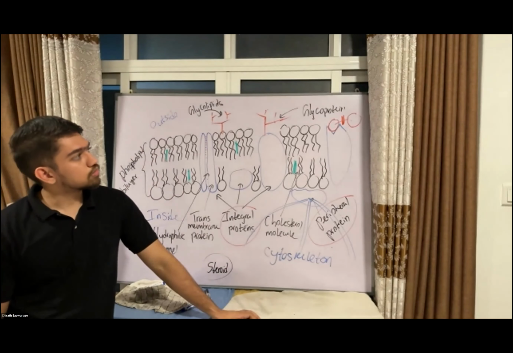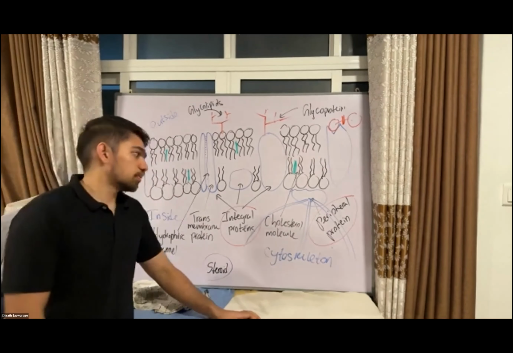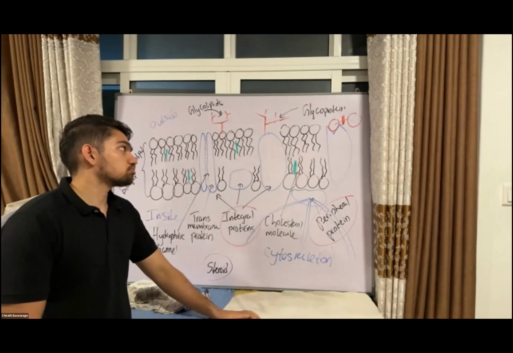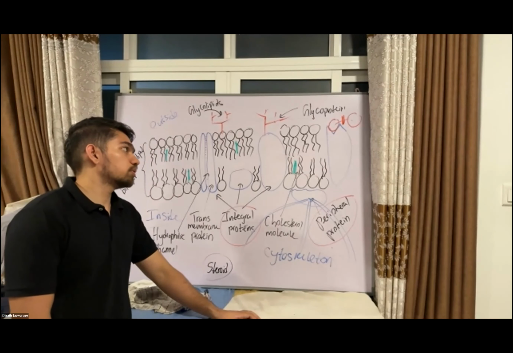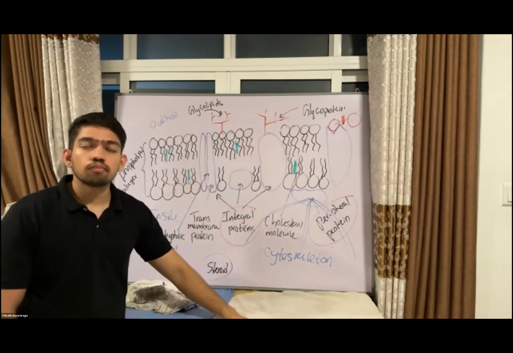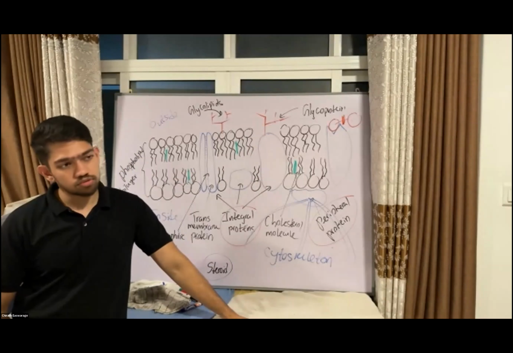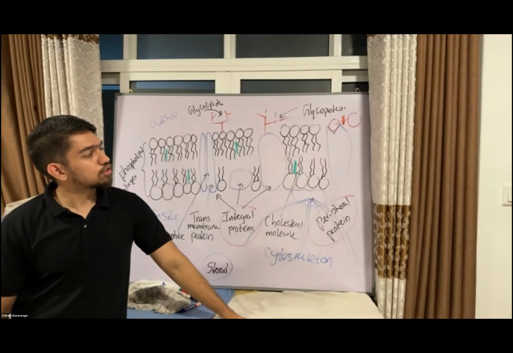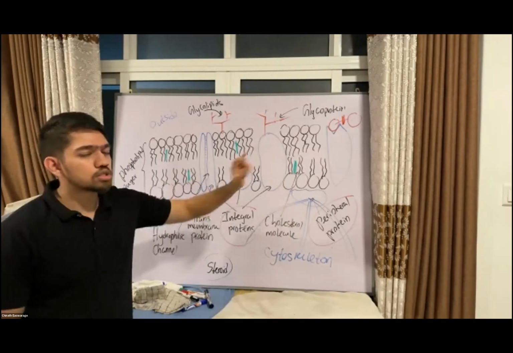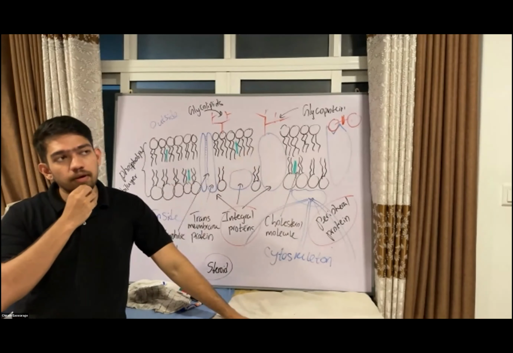Another example that I can give you is, imagine, usually a hormone can bind to a receptor and change the way the cell behaves. For example, imagine that the hormone is insulin. Insulin is a very common hormone, right?